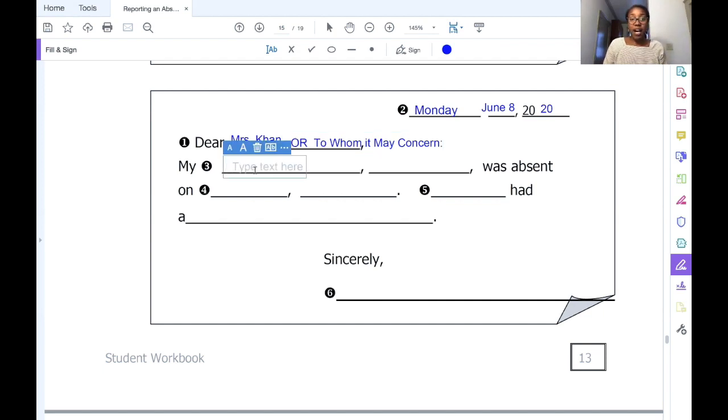We'll say my, and we'll put relationship. So are we talking about a son, a daughter, a niece, a nephew?